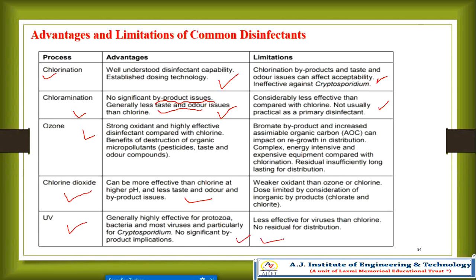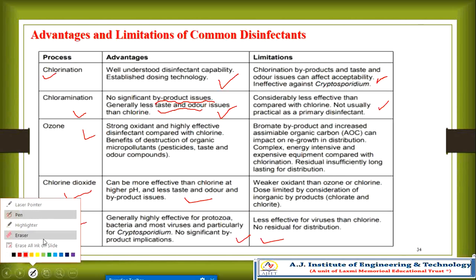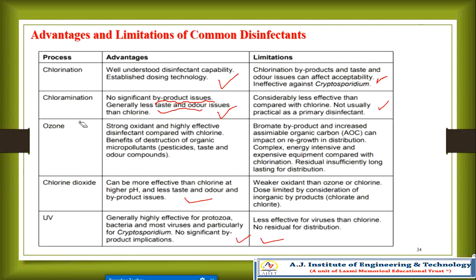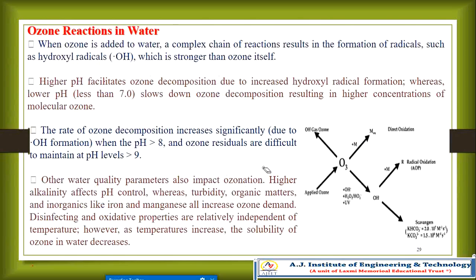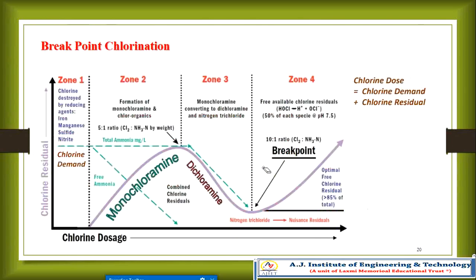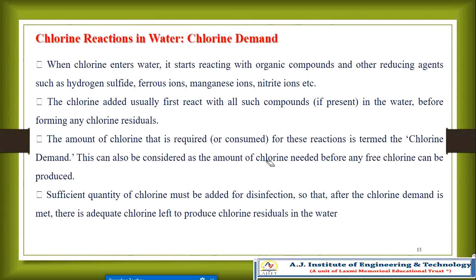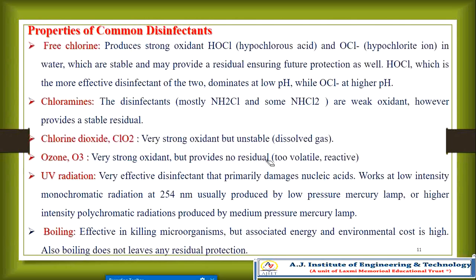Just let us recall the topics of disinfection. So we are finishing this part, our disinfection part. Some problems remain, some numericals regarding how much chlorine we can use as disinfectant.